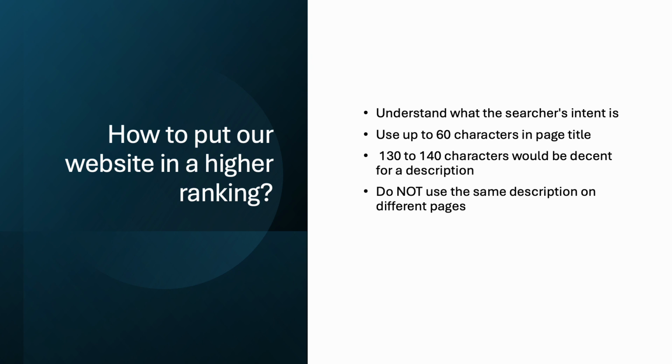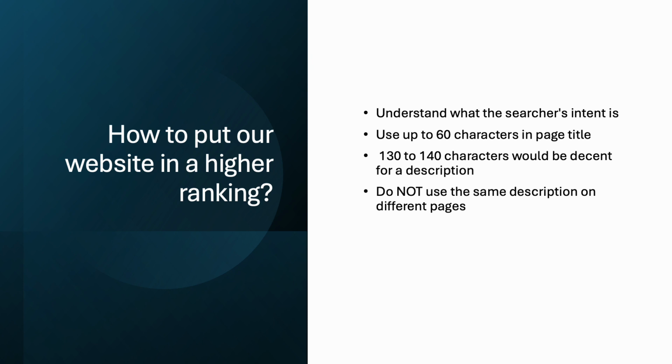The next two points are basically about the proper length for your page title and meta description. For the page title, it should be better to finish your title within 60 characters. This is caused by the search engine's display system on the screen, like Google.